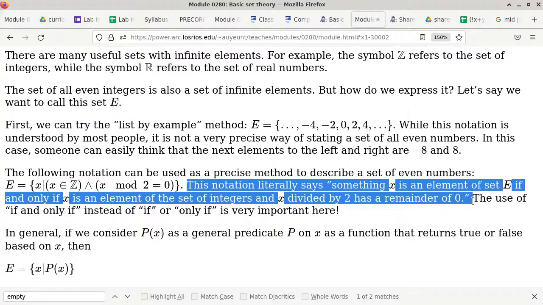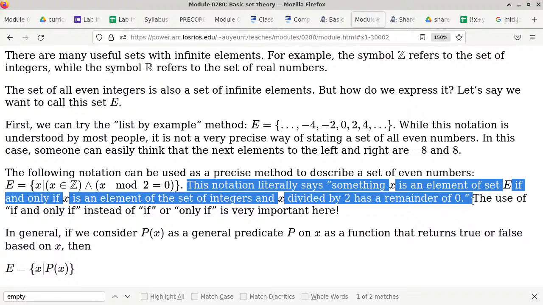What about only if? If I change this sentence, so it becomes blah, blah, blah, only if blah, blah, blah. Only if x is an integer and the remainder after the division by 2 is 0. So I change it to only if. When you use only if, the condition after the only if becomes a necessary condition for the other one.